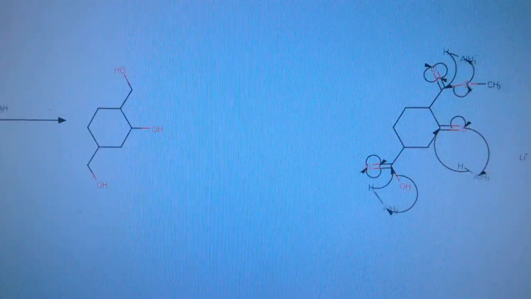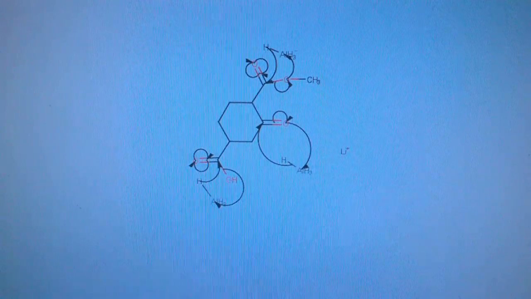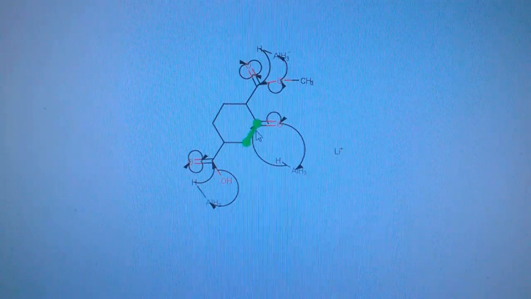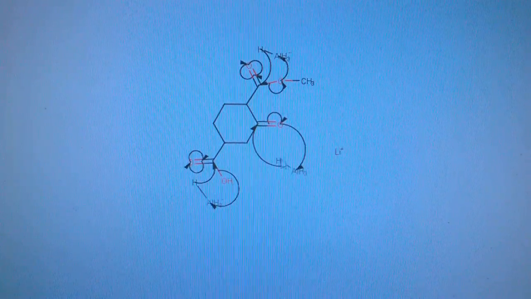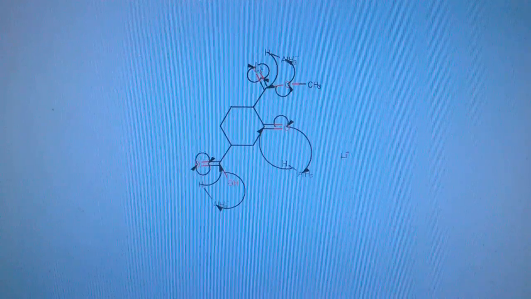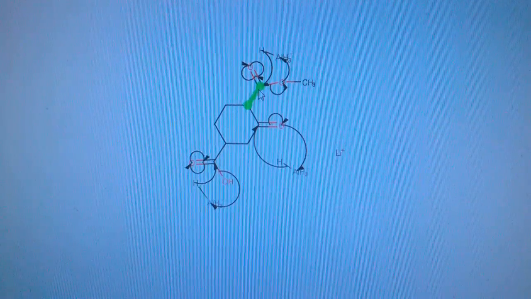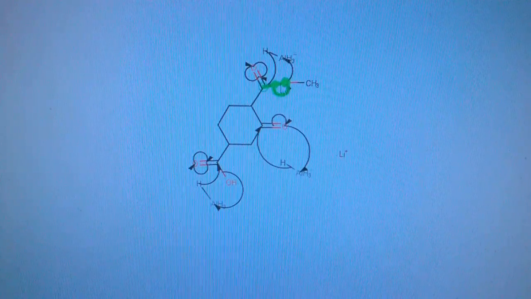This is done by a similar principle. For the ketone, it'll go in here and attack, as spoken before, and it's also how it starts up here. But here we have a leaving group.